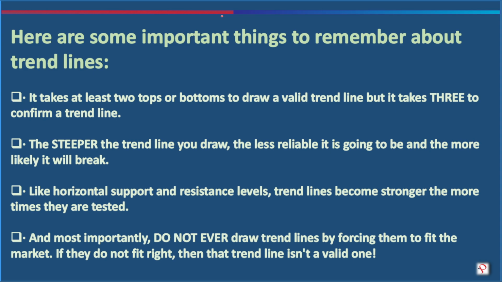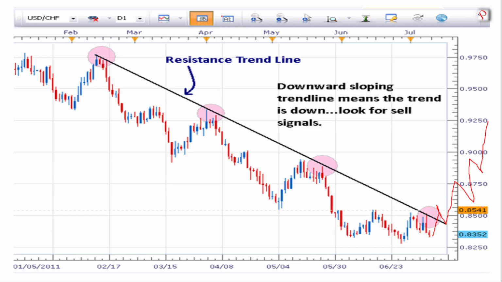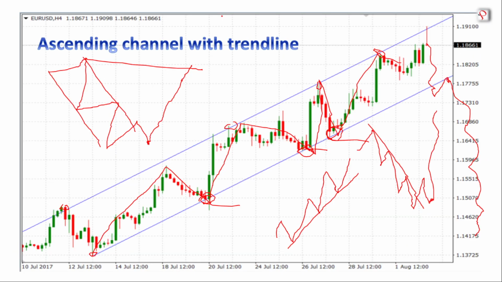All right. And finally, do not ever draw trend lines by forcing them to fit the market. If they do not fit right, then that trend line is not a valid one. All right. So you can see from the pictures you're seeing here that the trend lines were placed correctly on price. When I say price, I'm talking about the candlesticks.